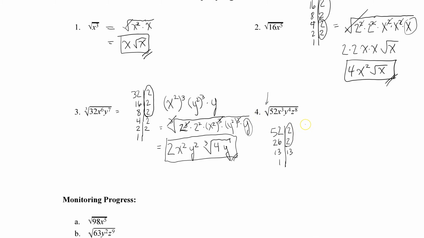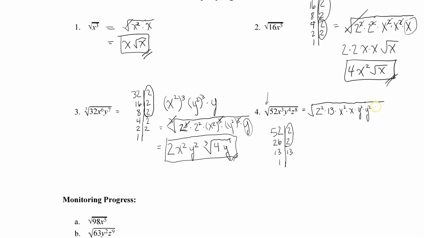Then we have, so let's rewrite this. The square root of 2 squared times 13 times x squared times x. That's x cubed. Y to the 4th is y squared times y squared.